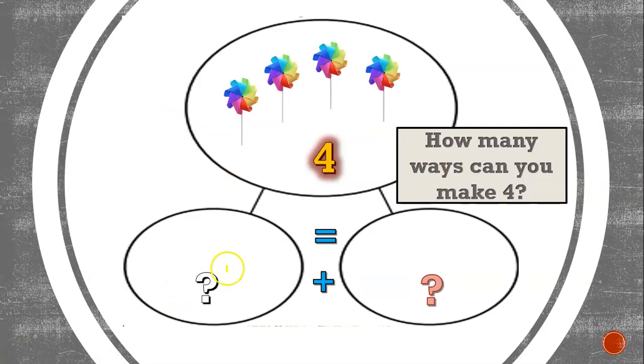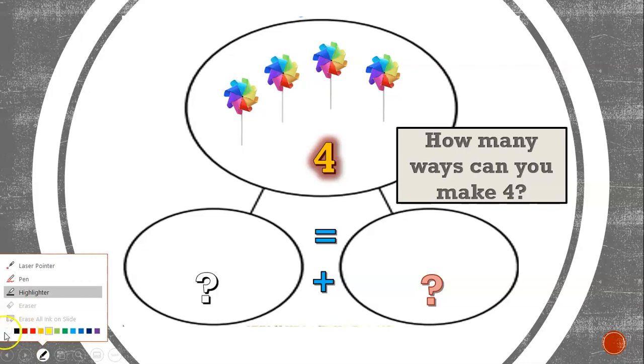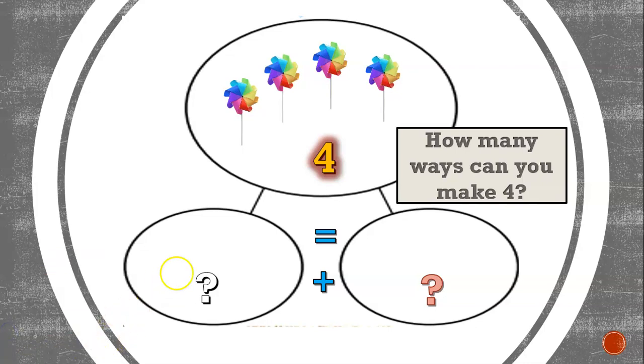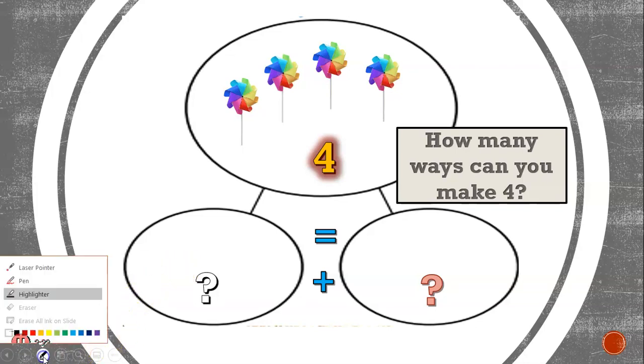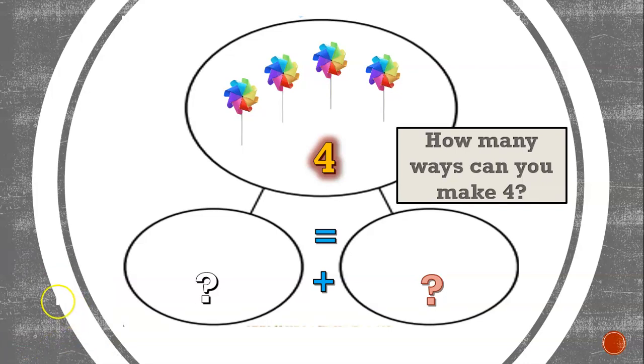One way is to look at my pictures. So how many ways can I make 4? Looking at my pictures, 1, 2, 3, 4. I have 4 objects.